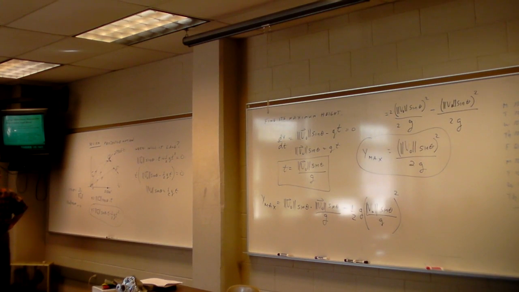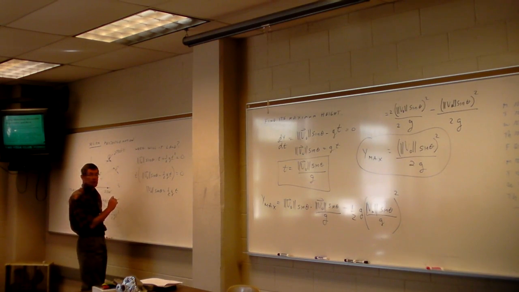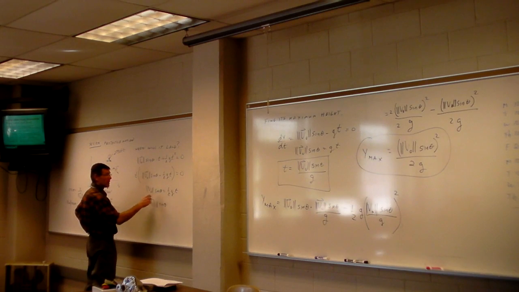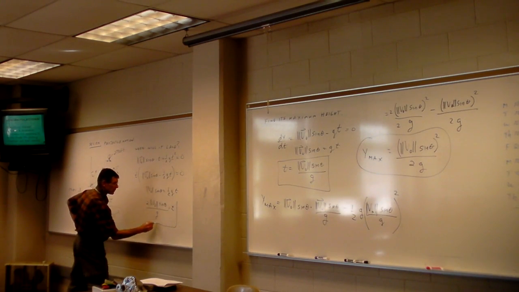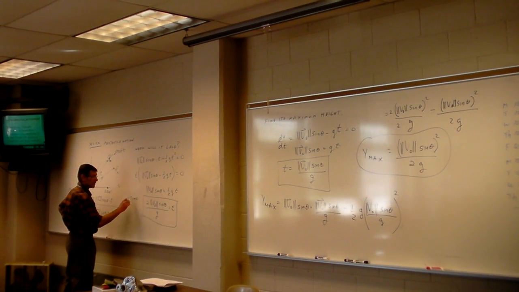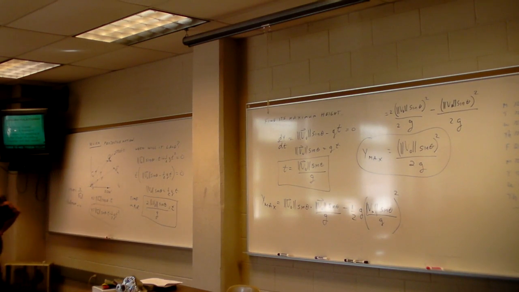Solve for t: multiply both sides by 2. 2 times the velocity, sine of theta, divided by g, equals t. So this is basically the time in the air.